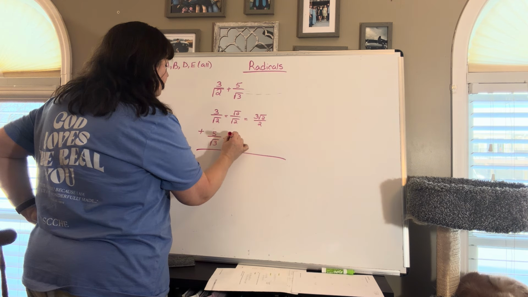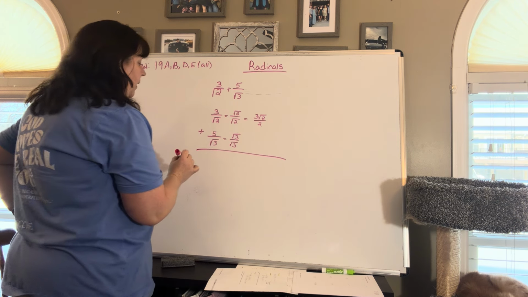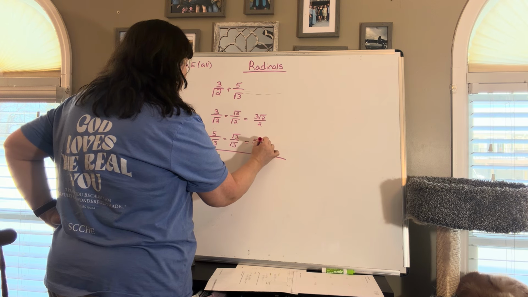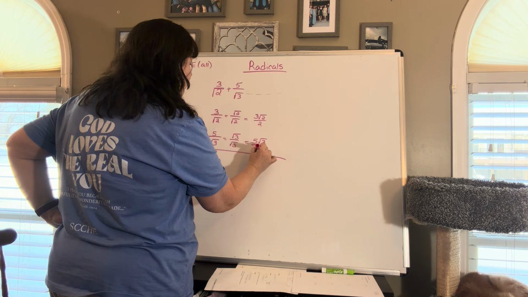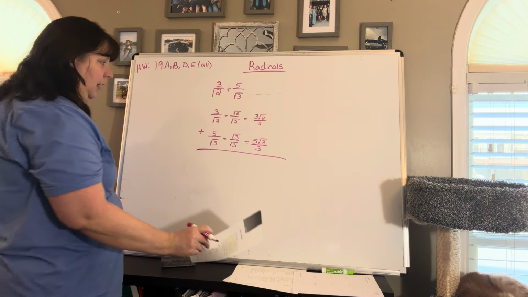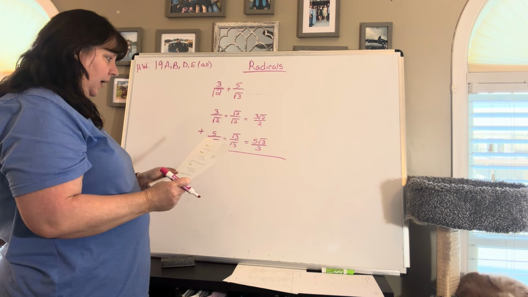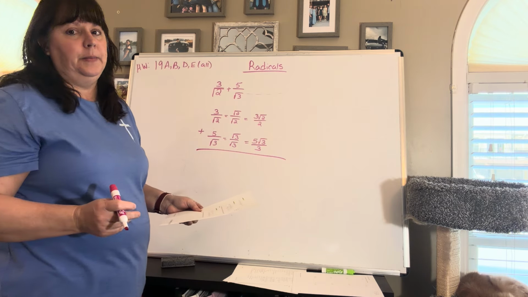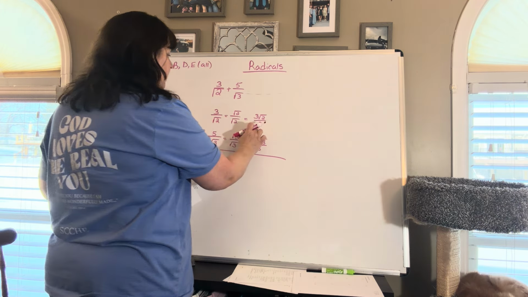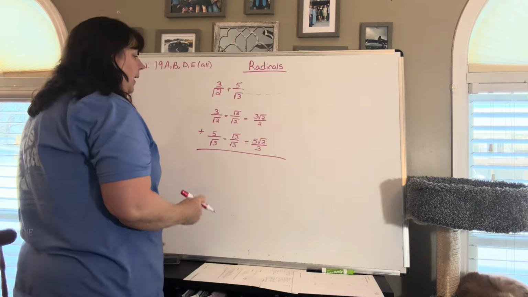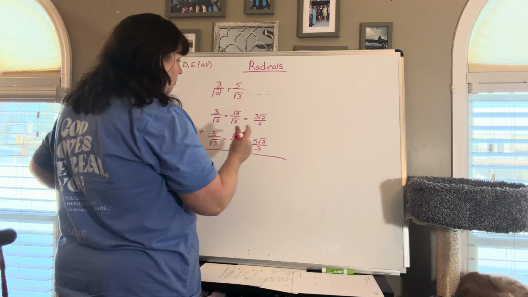Multiply the bottom and the top by radical 3, and I will have 5 radical 3 over 3. Okay, everybody with me so far? Now I can find a common denominator because I have the whole number 2 and the whole number 3 in the denominator. I got rid of the radical.